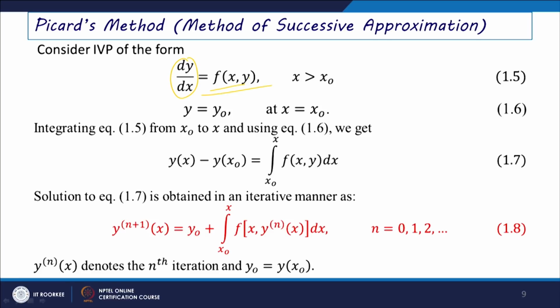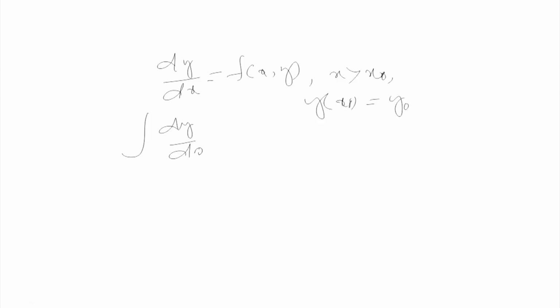Especially if we consider this equation and take the integration of this term, dy by dx equals f of x, y, where x is greater than x naught and y of x naught is given, that is y naught here. We can integrate this equation, dy by dx equals f of x, y.